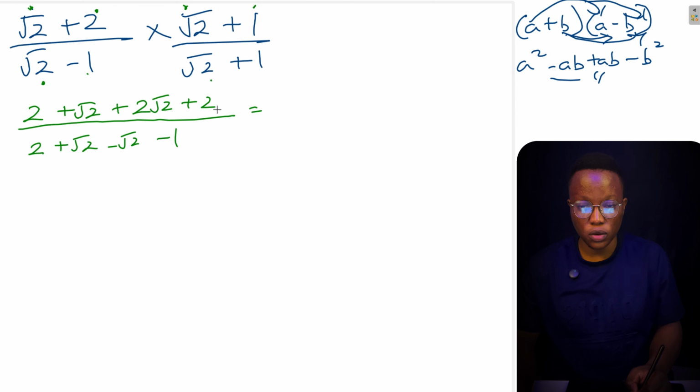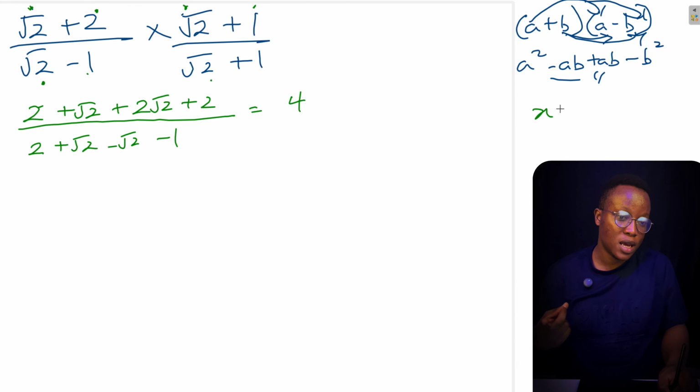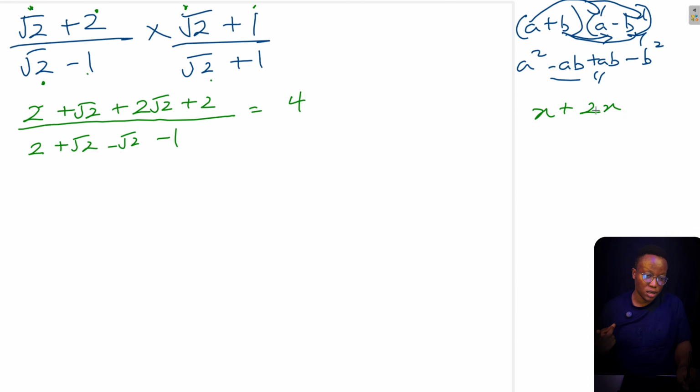Right? So this way, it's going to give us 2 plus 2, that's 4. Root 2 plus 2 root 2 is like saying x plus 2x. So in this case, x is the root 2, right? This will give us 3x. Okay? So 2 plus 2 root 2 is going to give us 3 root 2 all over 2.